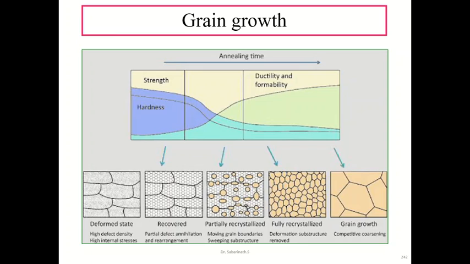So that's all about the annealing process, the 3 different stages, and how the strength and hardness get reduced, thereby increasing the ductility and formability of the material.